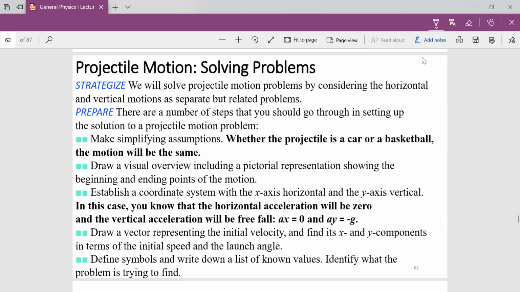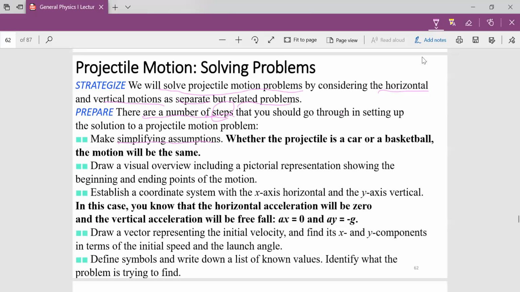So we'll solve projectile motion problems considering the horizontal and the vertical motion as separate but related problems, okay? And we follow a number of steps to do this. So let's look at the steps we will follow to solve projectile motion problems. We start by making simplified assumptions.